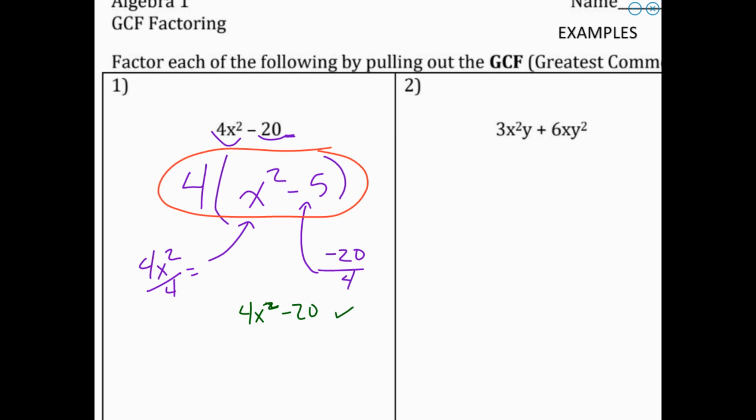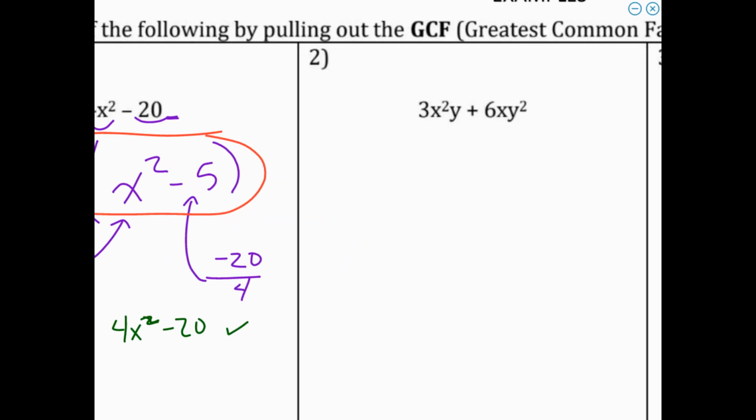So on this next one, think about it for a moment and then we'll walk through it together. Don't answer out loud, but what do you think is going to be the greatest common factor? I'm rewriting it on here to see if that will help you.